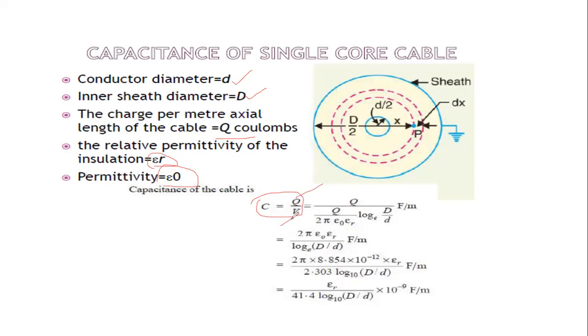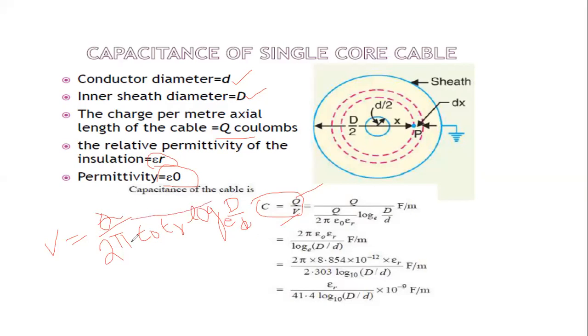Remember the voltage formula: V is equal to Q by 2 pi epsilon naught epsilon r log e D by d, where capital D is the diameter of the sheath and small d is the diameter of the conductor.